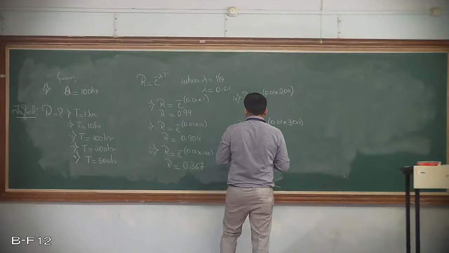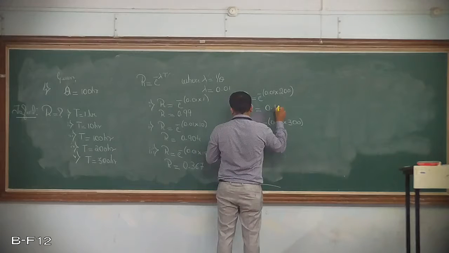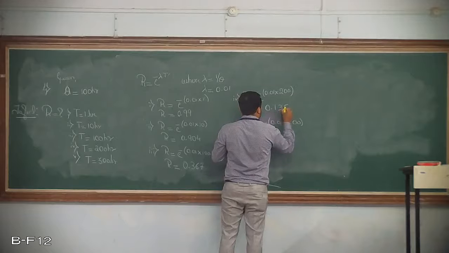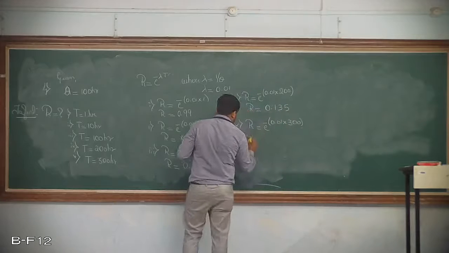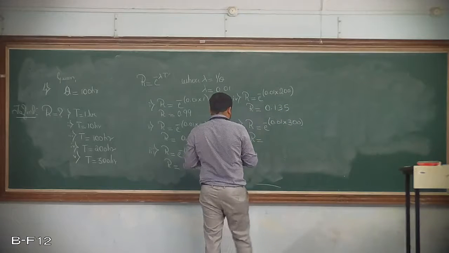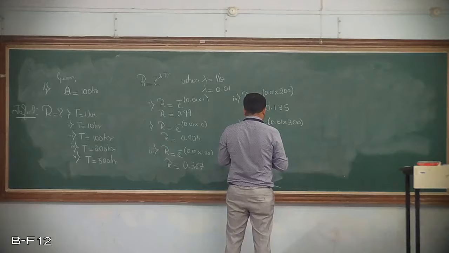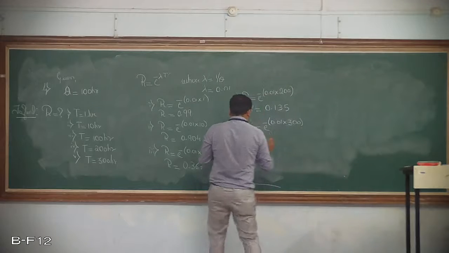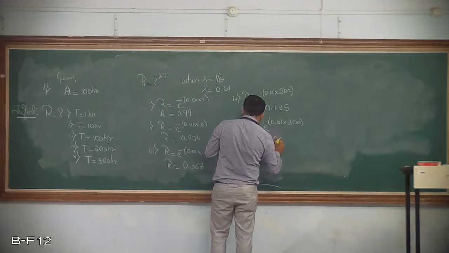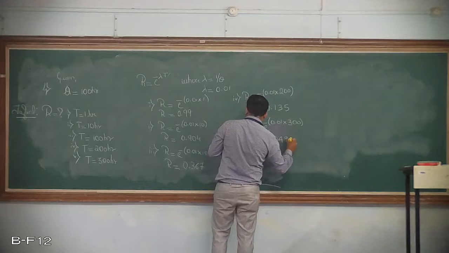This answer will come as 0.135, and for the last, reliability will come as e raised to minus 0.01 into 300, which is 0.0497.